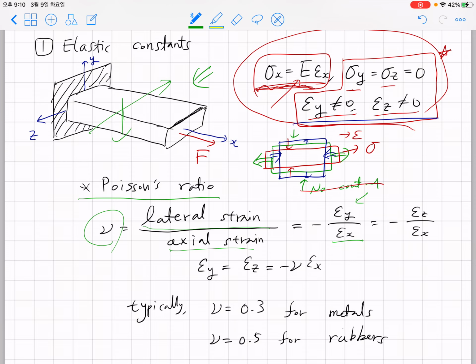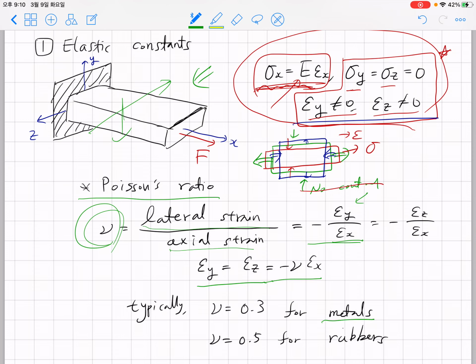So to make the Poisson ratio a positive value, you define it as minus epsilon y over epsilon x, or minus epsilon z over epsilon x. And if we write epsilon y and epsilon z in terms of epsilon x, you can write it this way: minus Poisson ratio times epsilon x.